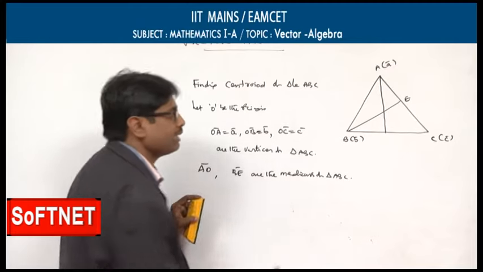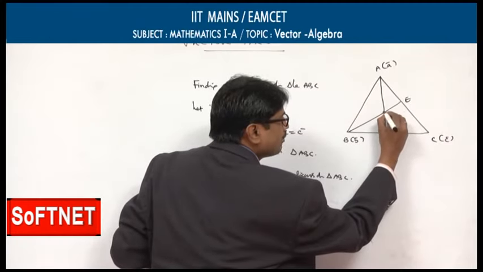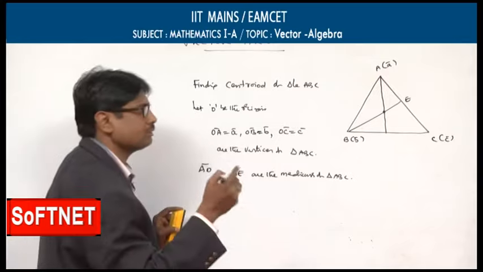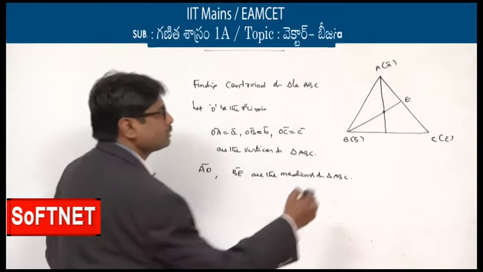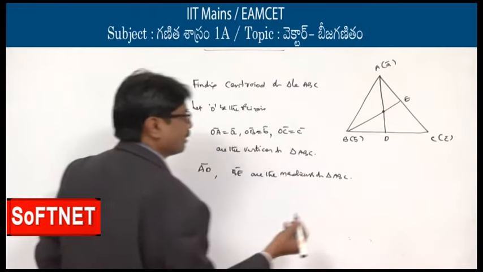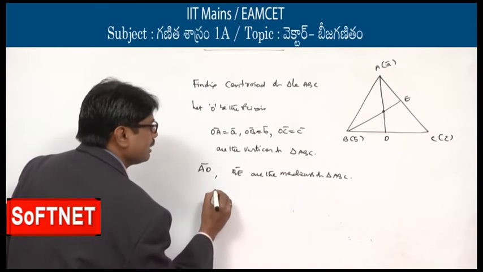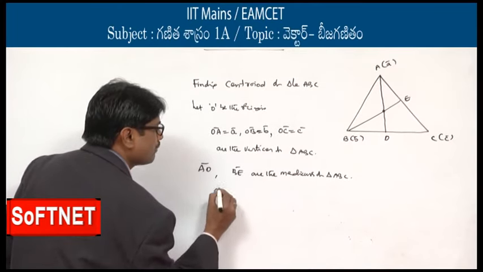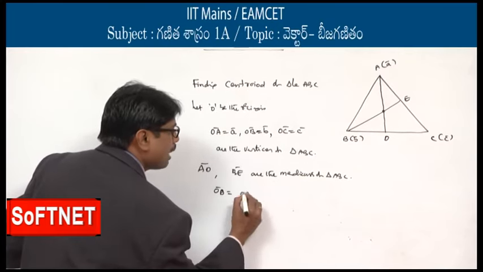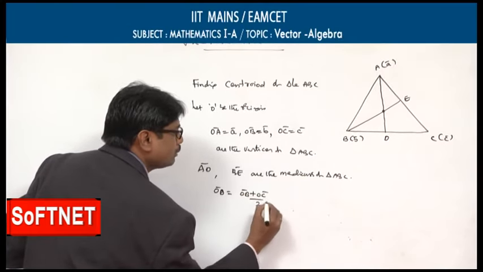And we name the concurrency point of these medians as G. So AD bar and BE bar. What will be the position vector of OD bar? OD bar is equal to OB bar plus OC bar divided by 2.